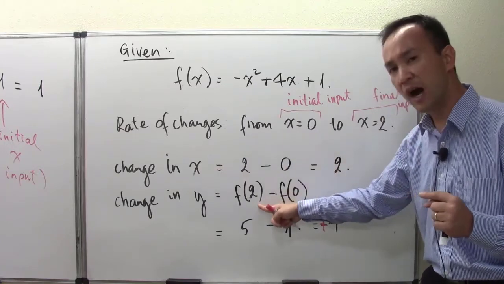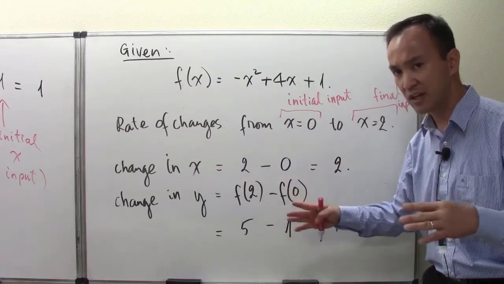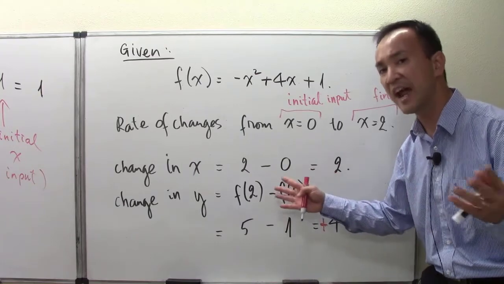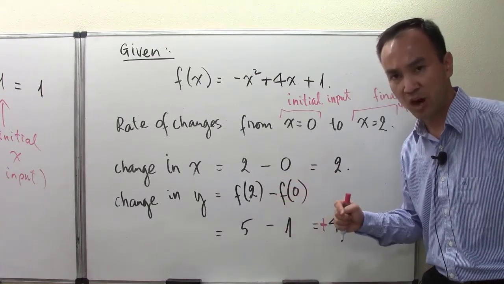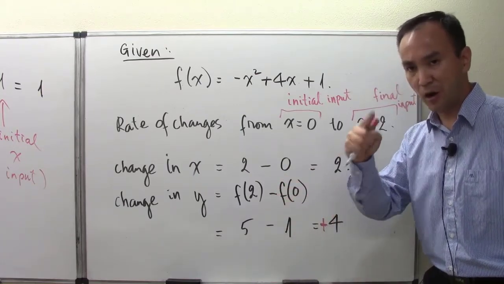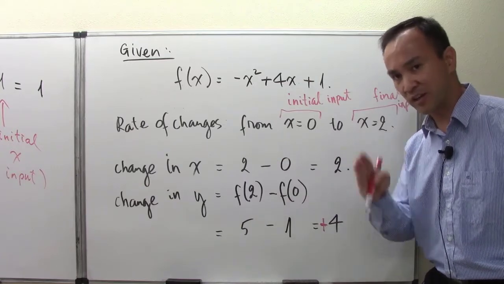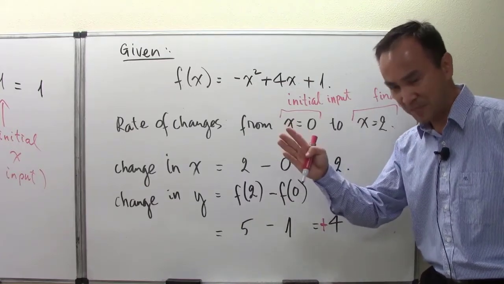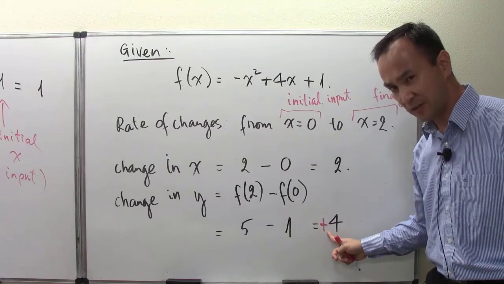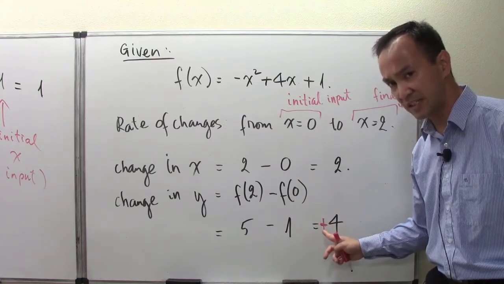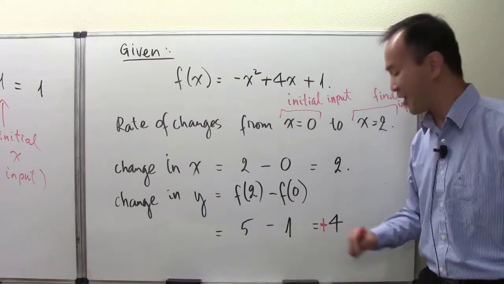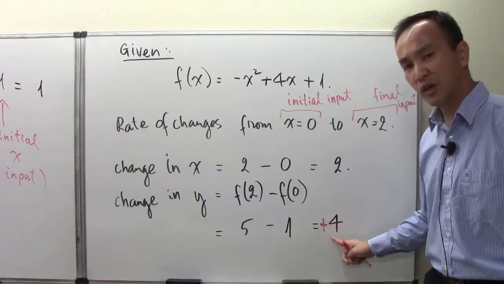But changing y, since we didn't have that requirement about small on the left and large on the right, it could be a positive change. In some other case, it could be a negative change. We will get more to that later.